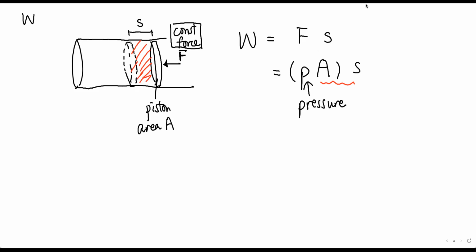I will write it as negative change in volume. You know that this triangle means change. So V is volume, so this is negative change in volume. Can you tell me why it's a negative sign here?